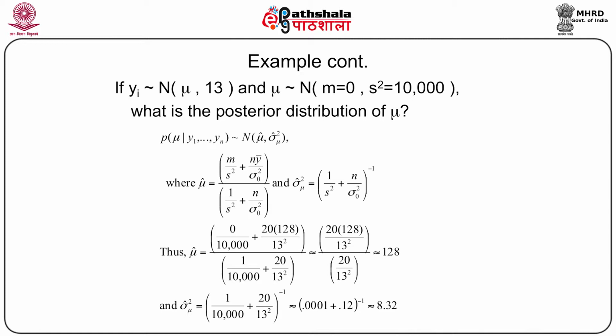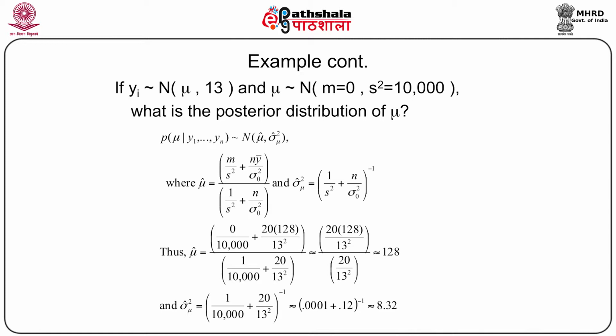After plugging in the values and simplifying, we can check that mu hat will be 128 and sigma mu hat square will be approximately 8.32. So that is the example.